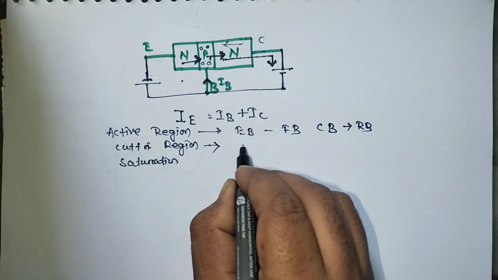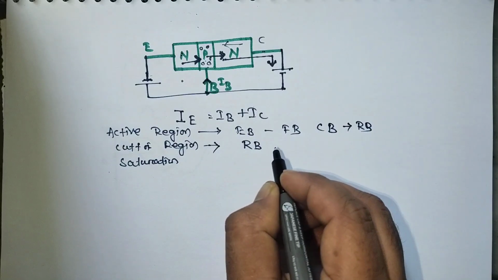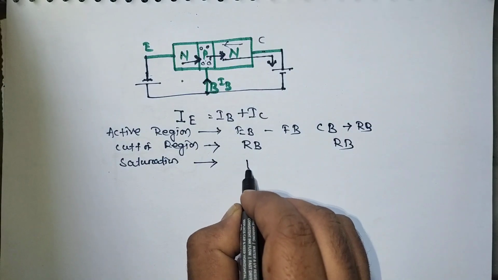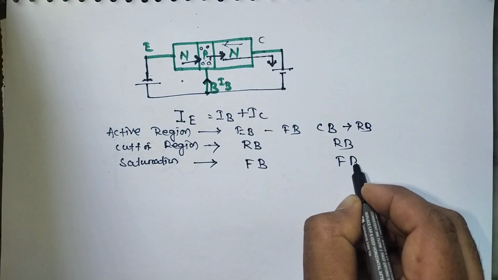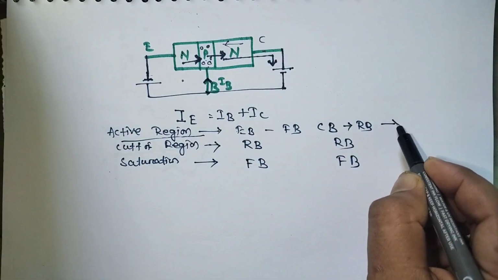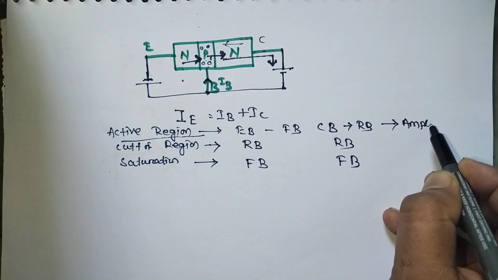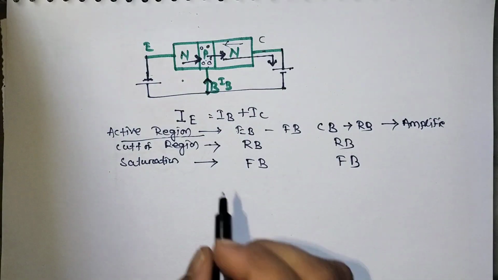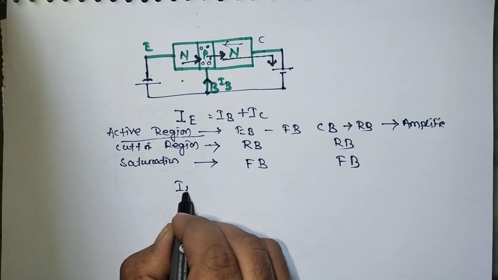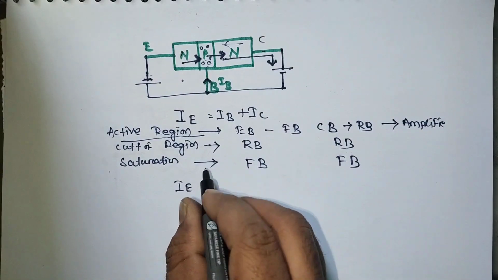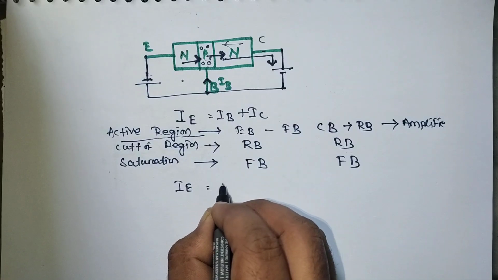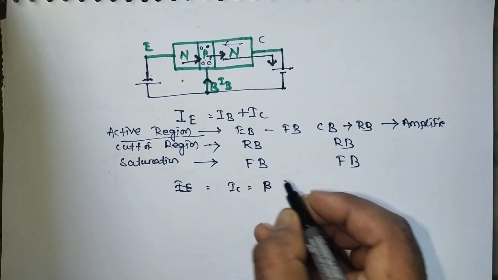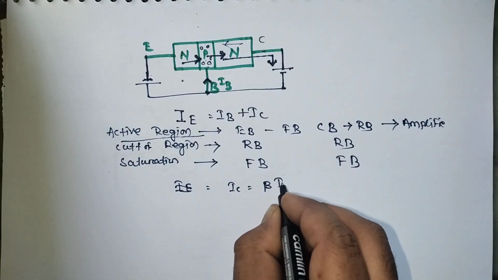In the cutoff region, both are reverse biased. In the saturation region, both are forward biased. Only in the active region do we use it as an amplifier, where the collector current depends on the gain: IC equal to beta into IB.